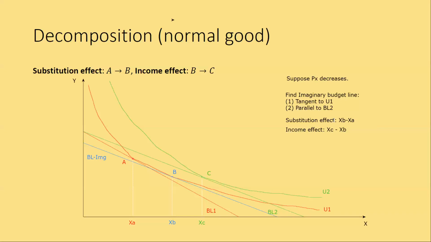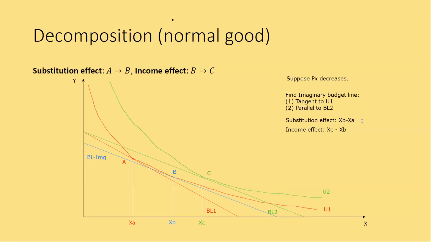And because we are assuming the good is a normal good, which we defined at the end of last lecture, for a normal good, the income effect would be positive. And I didn't say previously, which I should have, the substitution effect is always positive as long as the indifference curves are negatively sloped.